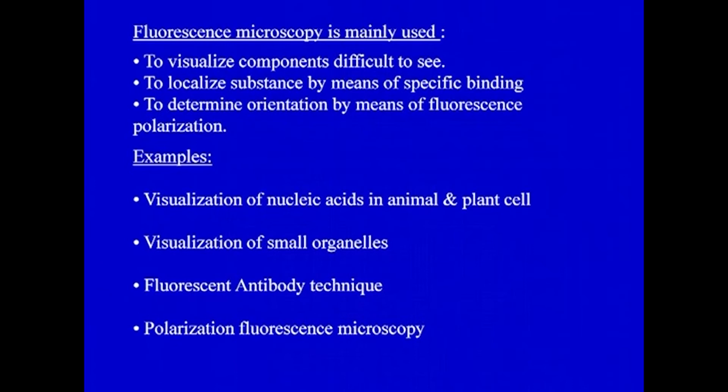Another application could be through the fluorescent antibody technique. Like I told you earlier, fluorescent dyes covalently coupled to antibody can be used to localize specific substances in a sample. Cell components, viral antigens, histones and many other substances could be localized in individual cells or tissues, and followed also.